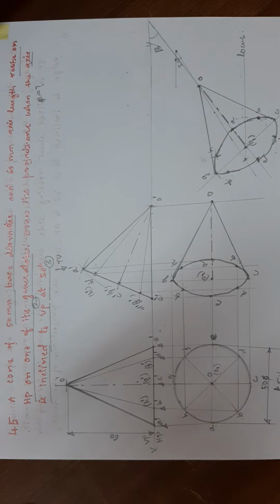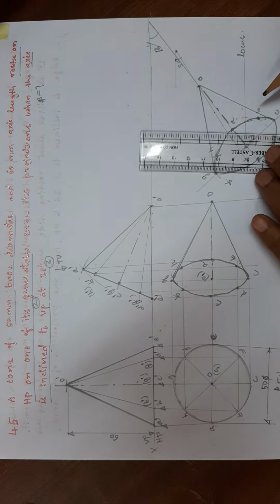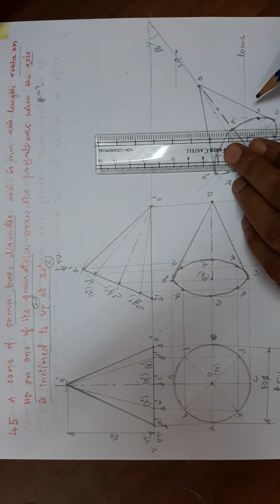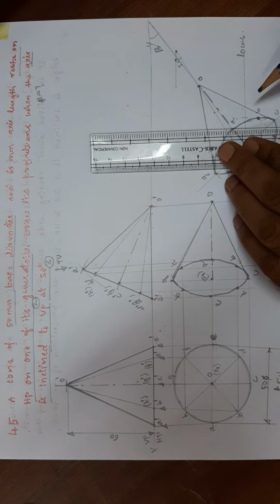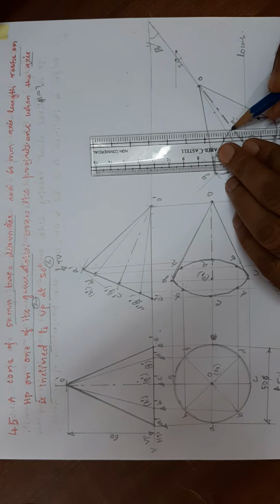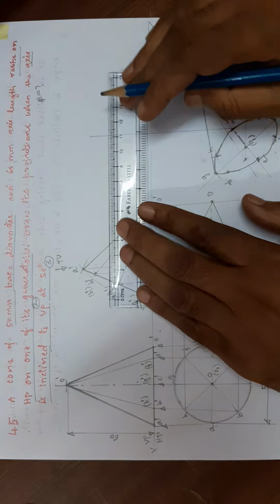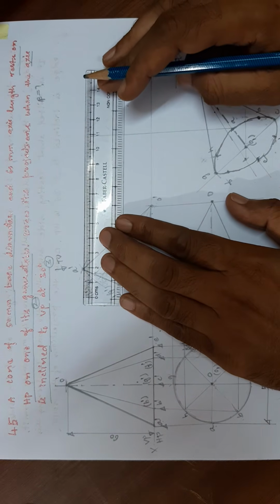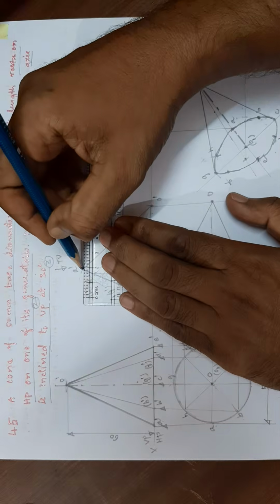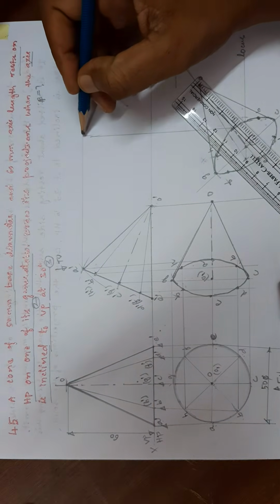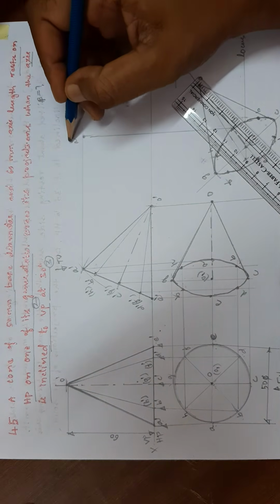Then we have to draw the front view. So draw vertical upward projector lines. Now see this A. Draw a horizontal projector from A, this point is A dash.